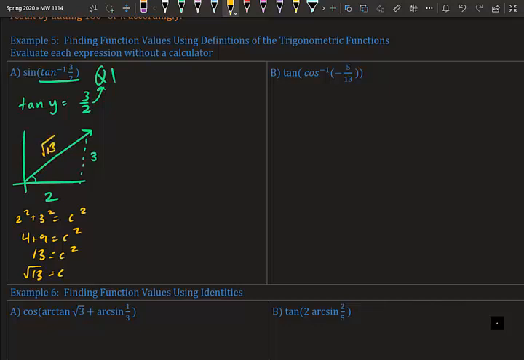Remember, to find any missing side, use the Pythagorean Theorem. So now it's asking for the sine of this function, or the sine of this triangle. So sine theta equals, sine is opposite over hypotenuse, so opposite is 3. Hypotenuse is square root of 13. We simplify, so 3 square root of 13 over 13.